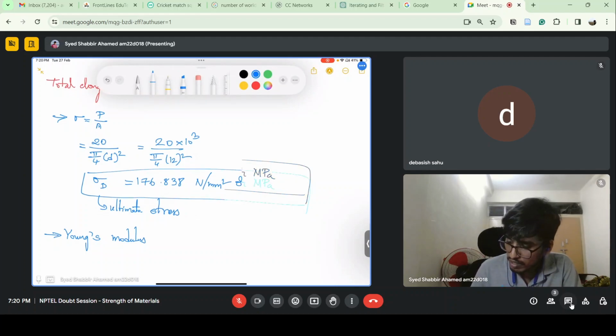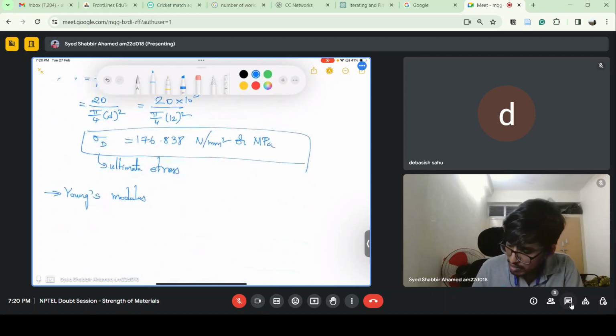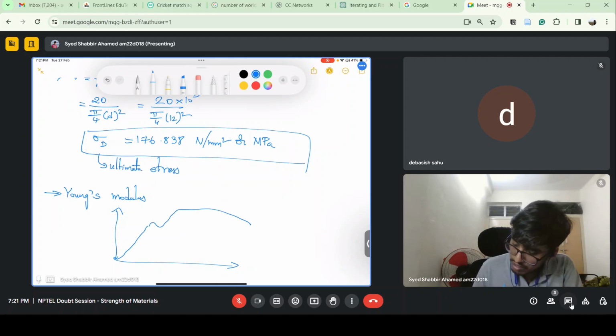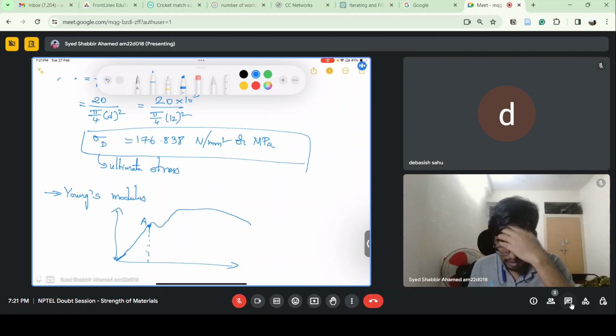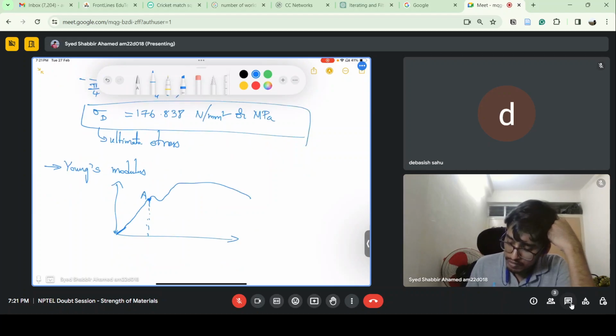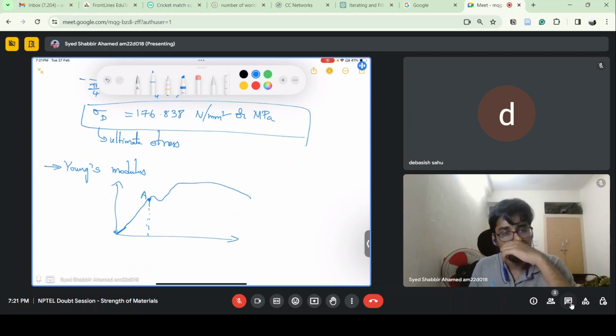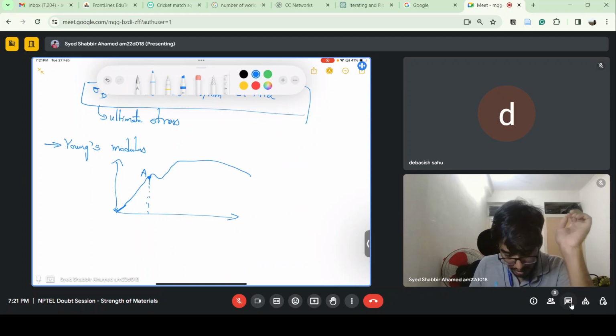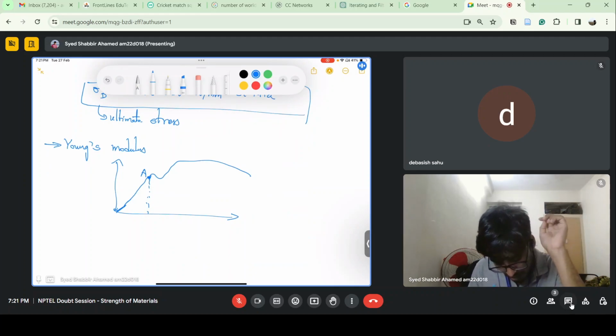Here I'll draw. Young's modulus is up to this point, whatever the slope of this straight line is, that is called the Young's modulus. Up to the proportionality limit, whatever slope of this straight line we get, we call it the Young's modulus.